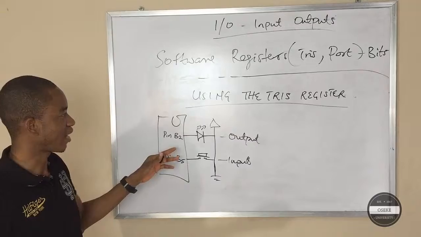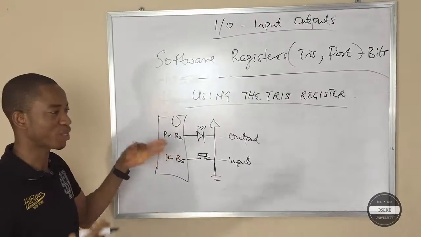Now, what do we write? How do we configure this microcontroller now? What do we write to the trace?